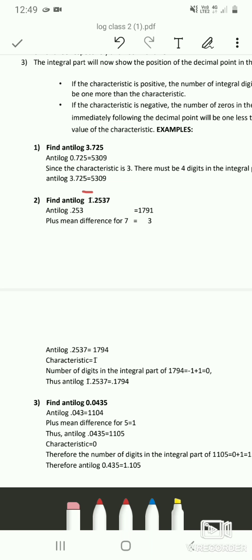In those problems you have to find the logarithm as well as the antilogarithm in a single problem. So for that you should be perfect with the rules for calculating logarithm and antilogarithm. Don't get confused, be perfect with all the rules. In the next class we will solve problems. So that's it for today's class. Thank you.